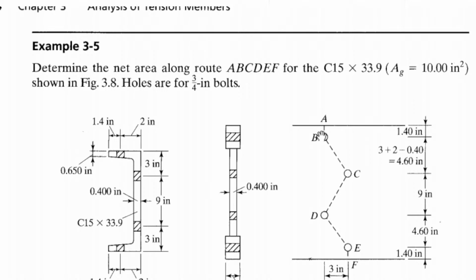Because it started from the flange, which is 0.65 inch in thickness, going to the web, which is 0.4 in thickness. We don't have that same problem when we are computing the staggered distance C to D, because they are both 0.4 inch in thickness.